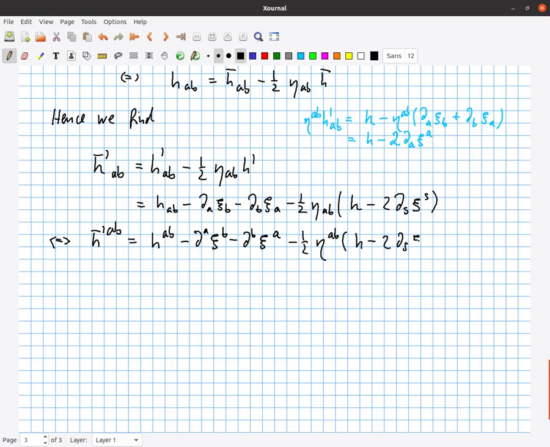Nothing happens here because these are both scalars, which implies we can finally compute this object here. This is what we are after.